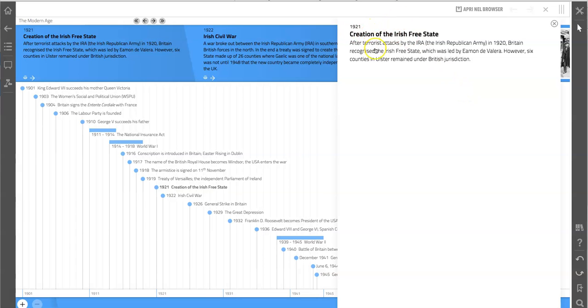In 1921, after the terrorist attacks by the IRA, the Irish Republican Army, in 1920, Britain recognized the Irish Free State, which was led by Eamon de Valera. However, 6 countries in Ulster remained under the British jurisdiction.